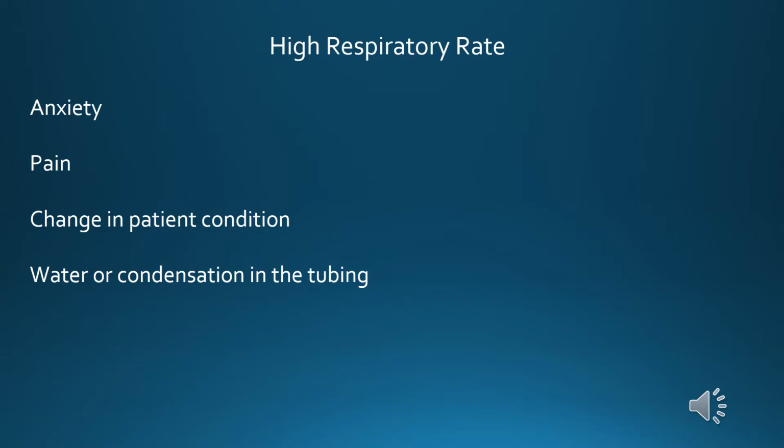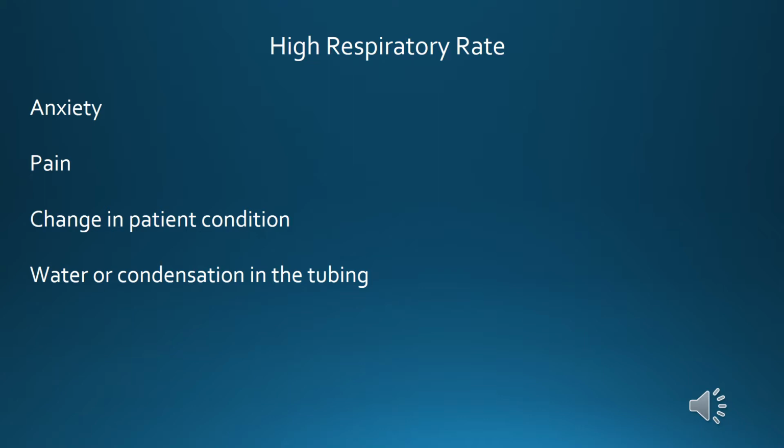Another alarm that's often heard is the high respiratory rate. Typically that is due to anxiety. Oftentimes a patient that's awake and alert, so to speak, gets very anxious that they're intubated or they have a trach in and they're on a machine. Oftentimes they will have a respiratory rate that's up around 40.